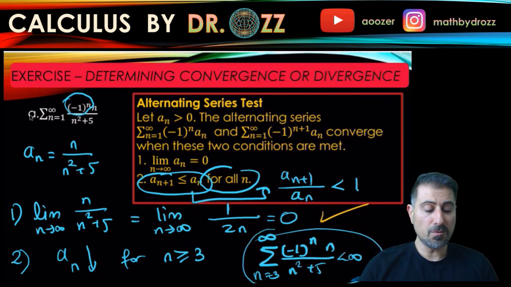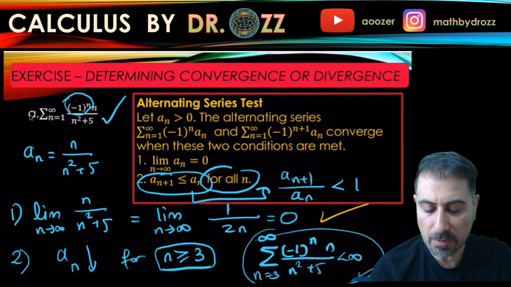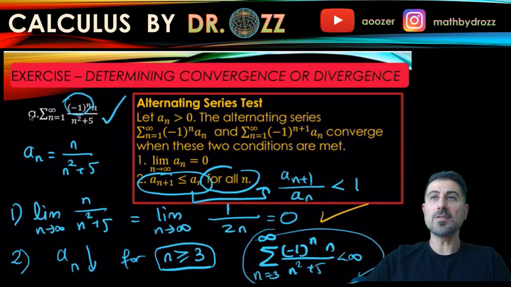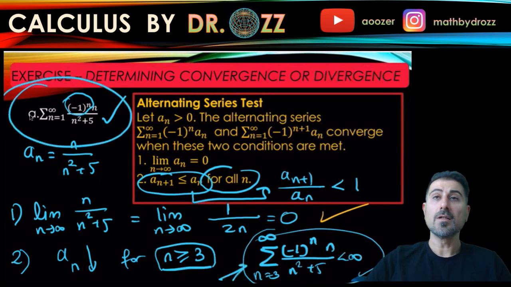If you have to start n from 3, that's fine, because you're just excluding a few terms like the n equals 1 and n equals 2 cases. So we proved here that this infinite series is convergent. So is this one, because the difference between this series and this one is essentially just missing 2 terms in the first one.